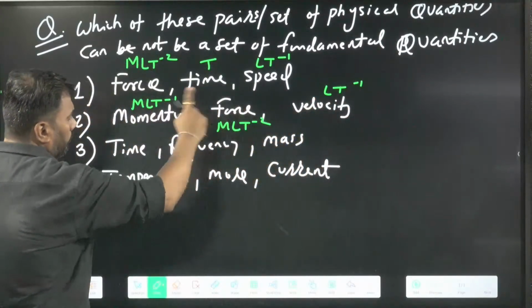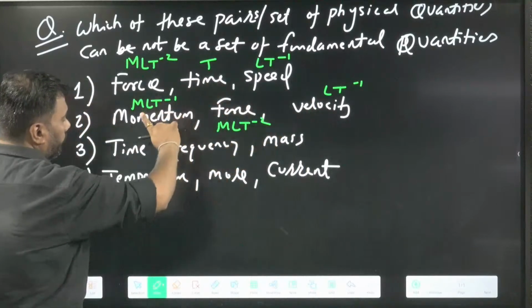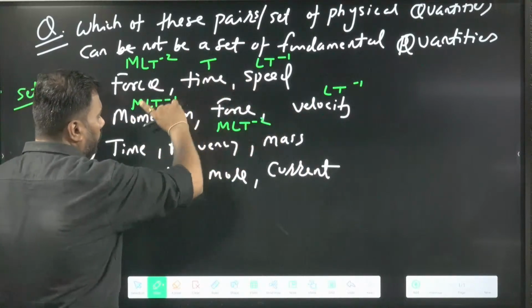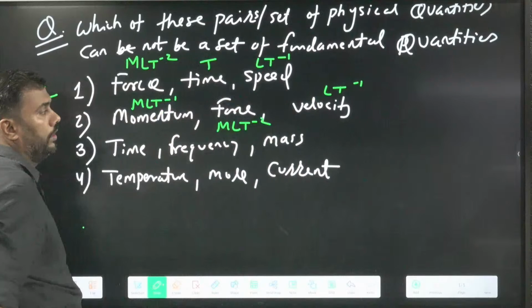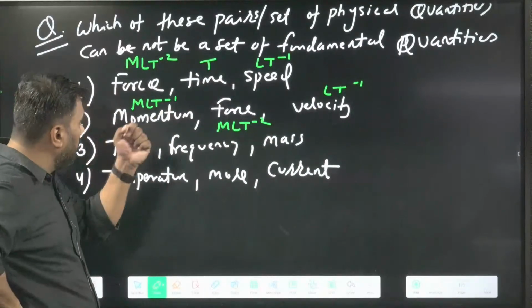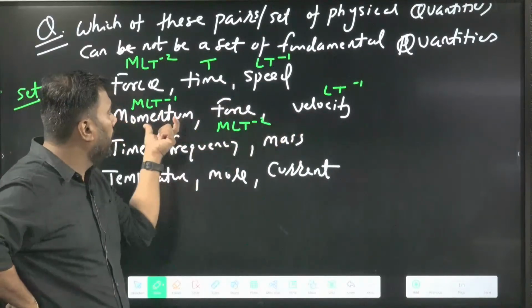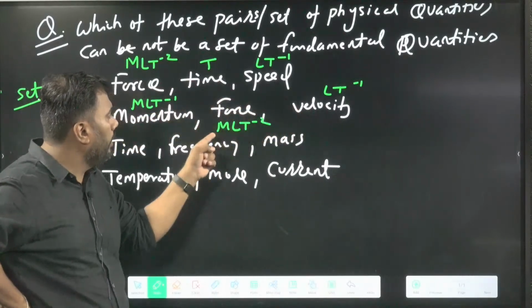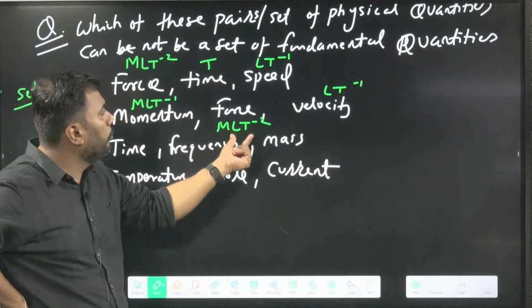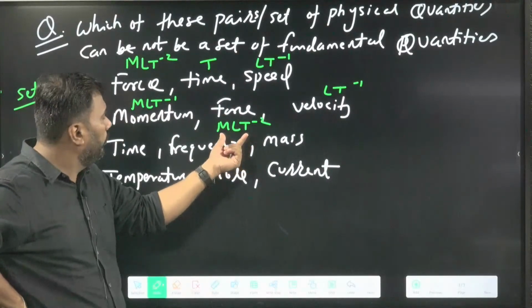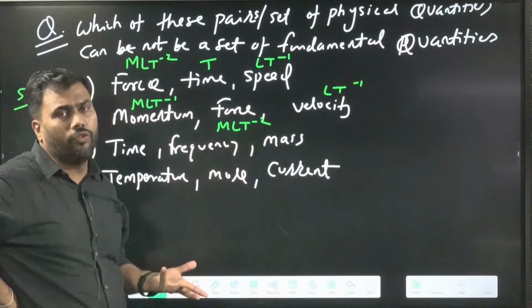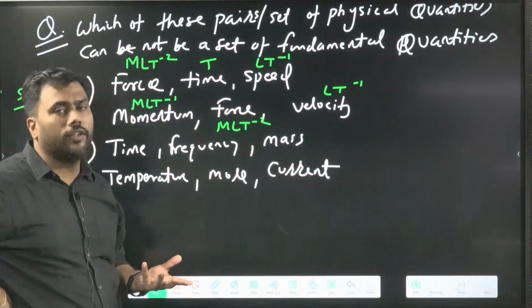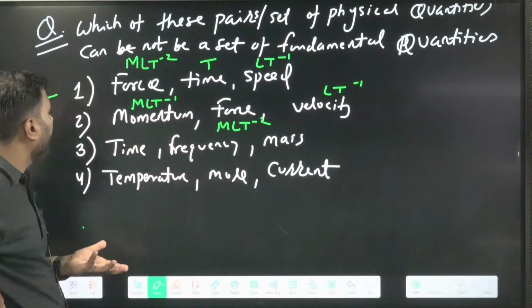I can use momentum and velocity to derive mass, since the ratio of these is mass. But that again contains time to the power minus 2. So momentum and velocity cannot give you force. So this can be a set of fundamental quantities.